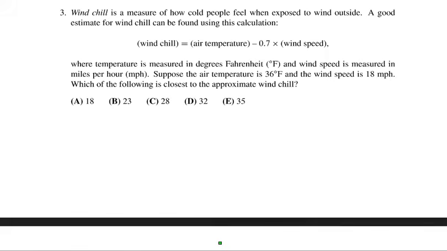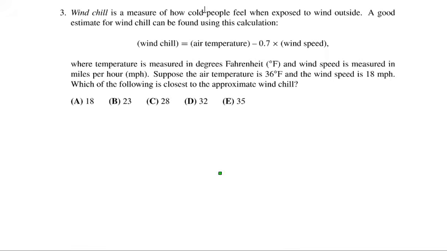For number three, we have a formula, an equation, that gives how cold people feel when exposed to the wind outside. And this is basically what we want to use. The temperature is in degrees Fahrenheit, and the wind speed is given per hour.